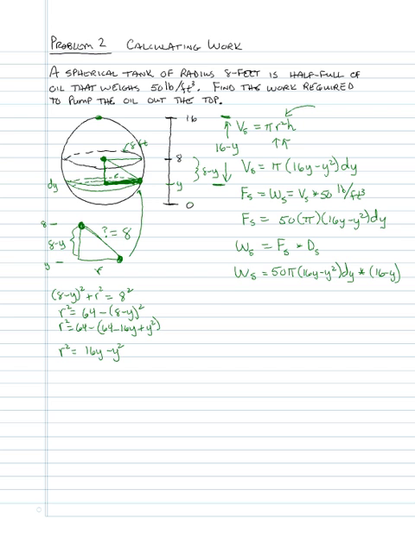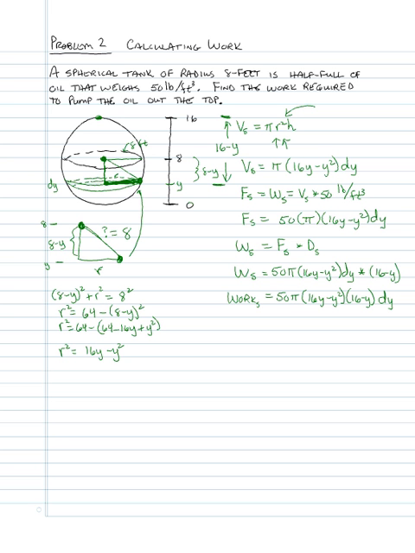Well, as we clean this up to make it look a little better, remember this W is standing for work now. The work to lift that slice out the top is going to be 50 pi times 16y minus y squared times 16 minus y times dy. That's the work to move that one single slice.